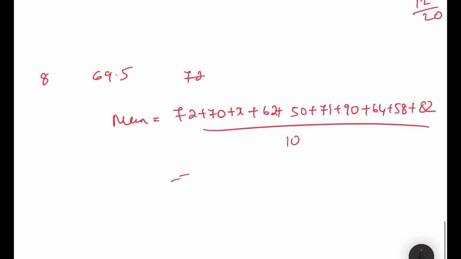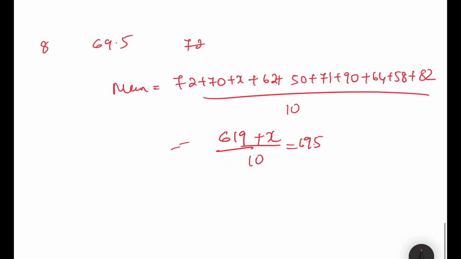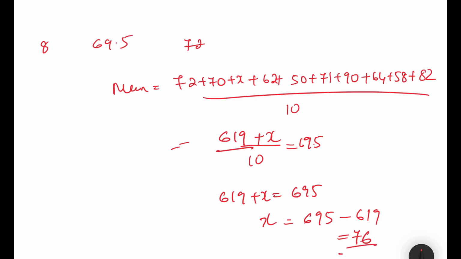It will give you 619. 619 plus x by 10 equal to 69.5. So you will get 619 plus x is equal to 695. X is equal to 695 minus 619, that is equal to 76 you will get. Okay, that will be the value of x.